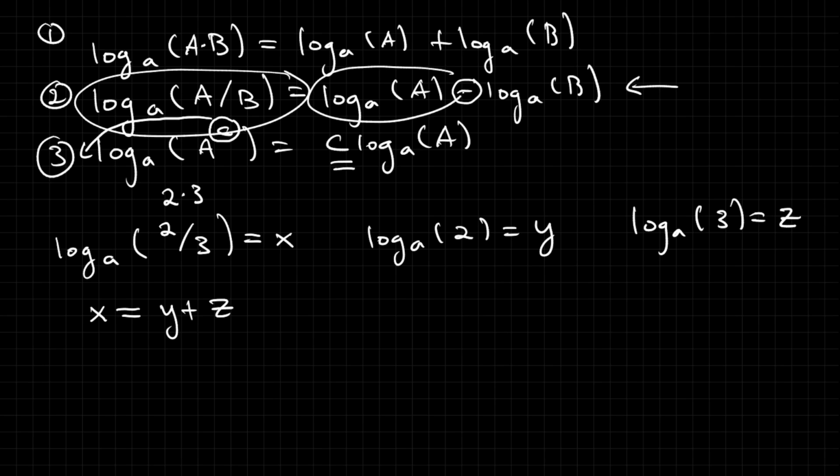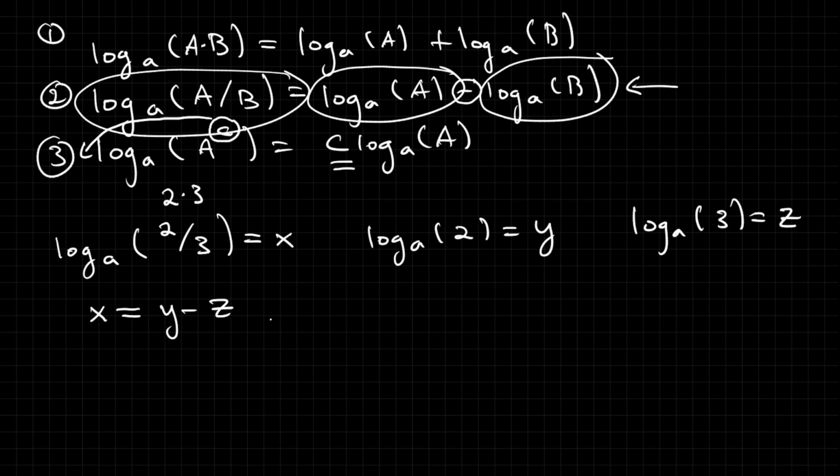This right here is y, and this right here is z. So let's go ahead and replace that plus with a minus, and let's try to see why it is true that x is equal to y minus z.